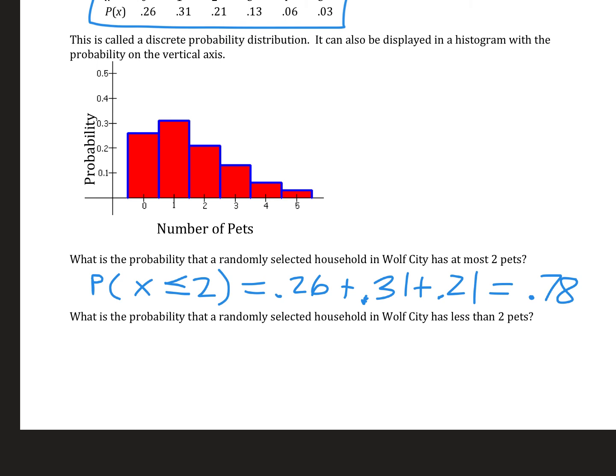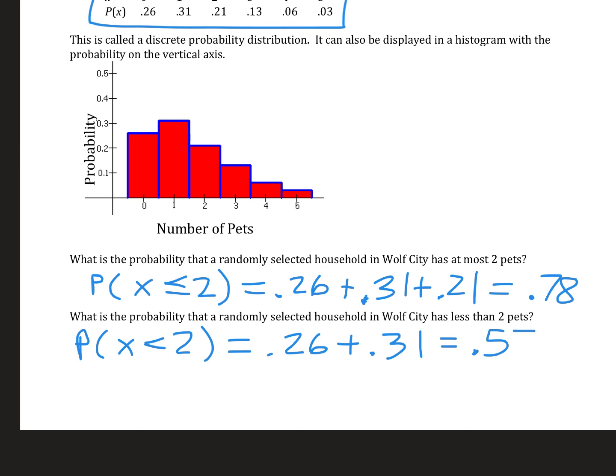All right, next question. What is the probability that a randomly selected house has less than 2 pets? Notice the subtle difference. This does not include having 2 pets. So we're just going to add 0.26 and 0.31. The answer to this one is 0.57.